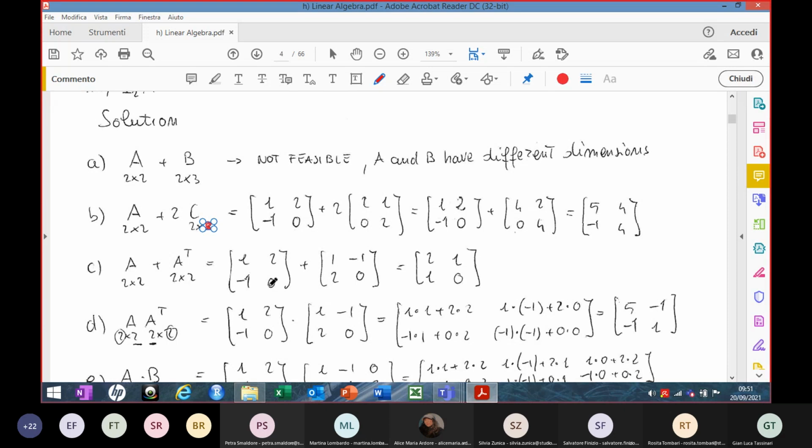This one is the second row of A, so it's the second column of A transpose. You see, this is simply transpose. I told you, by looking at the exercise, you see that the concepts I described before are very, very easy to implement, so it's not difficult at all. Now again, I may perform the sum, 1 plus 1, 2, 2 plus minus 1, 1, minus 1 plus 2, 1, 0 plus 0, 0.